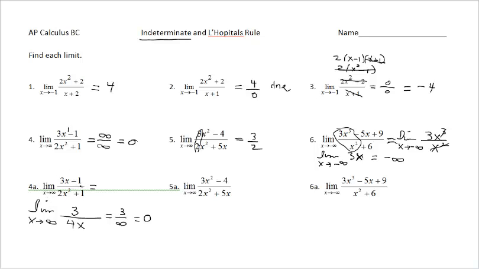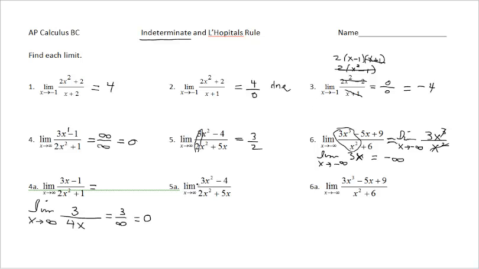So it's easy to confuse the two techniques: the quotient rule, where you're not dealing with a limit, or L'Hopital's rule, where we just find the derivative of top and bottom, which we've never done before. If we were finding the derivative of a quotient, we always had to use the quotient rule, or bring the denominator to the top and use the product rule. So just be cautious about that.